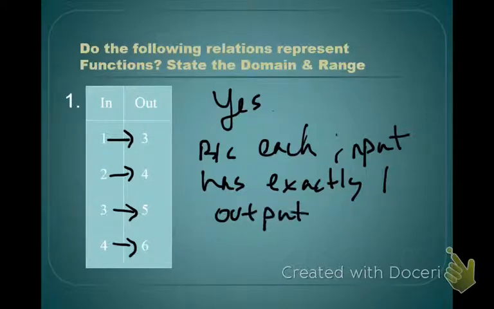Okay? And then your domain and range. Okay, and you see it there. Your domain, again, by definition, is any input, so your x's into a function. And so right now our domain is very finite, right? It's just simply 1, 2, 3, and 4. You see that there?